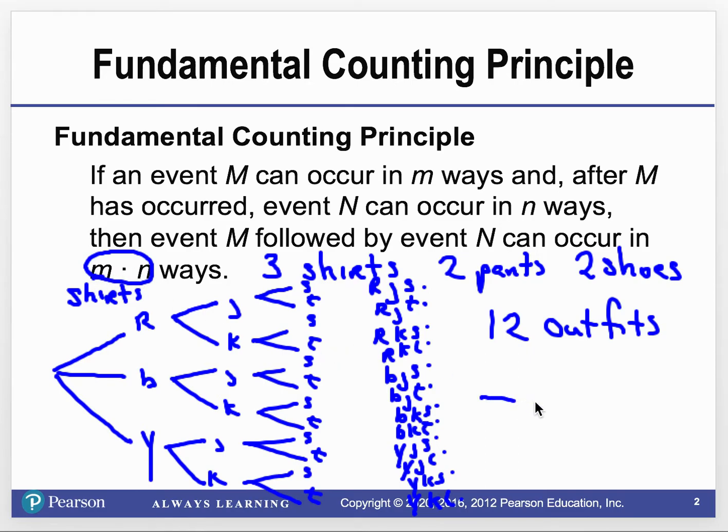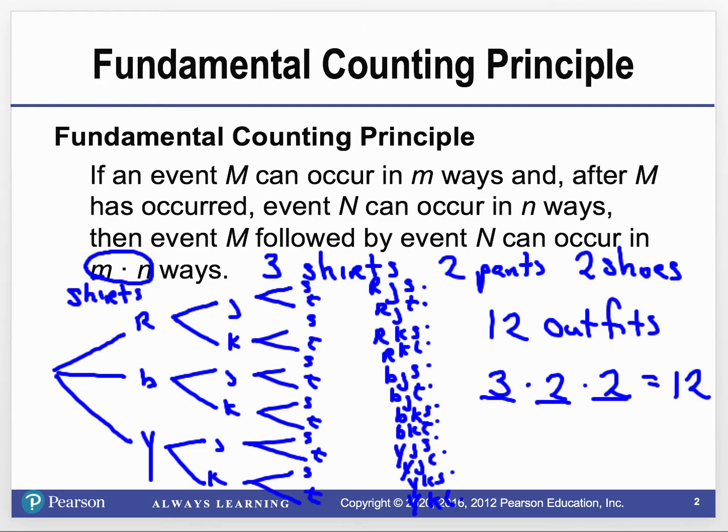So since I have shirts, pants, and shoes, 3 items, 3 spaces, I can just fill in my options in each space, and the fundamental counting principle tells me to multiply. 3 times 2 is 6 times 2. Voila. Okay, so that's our fundamental counting principle that really we've already discovered, but we're just now clarifying.